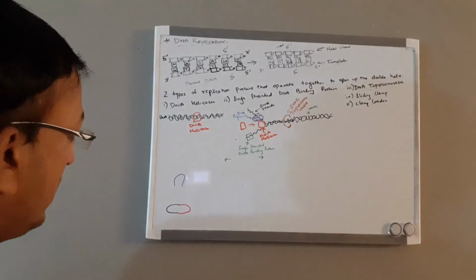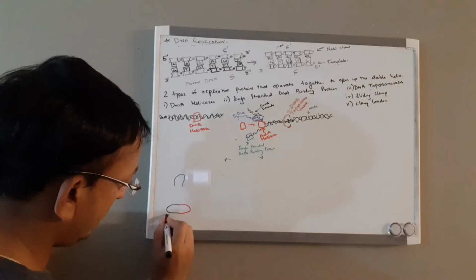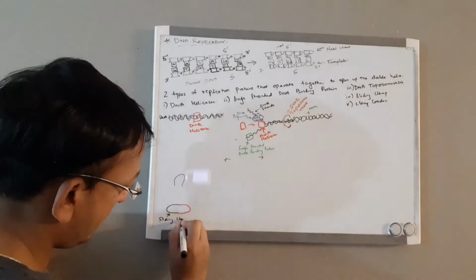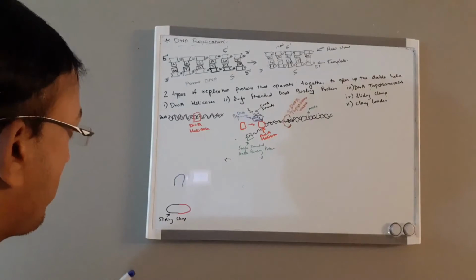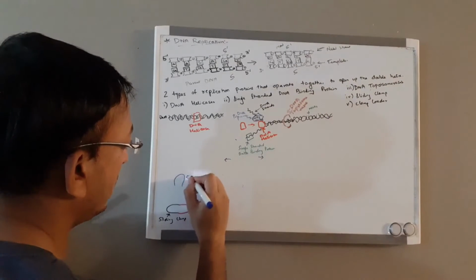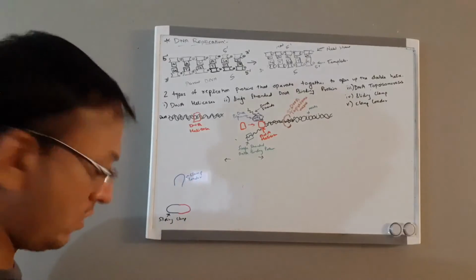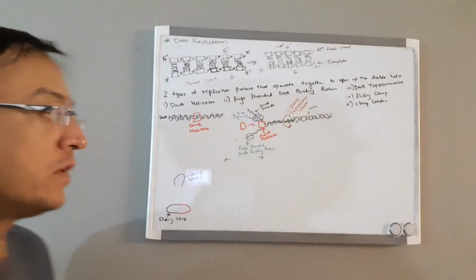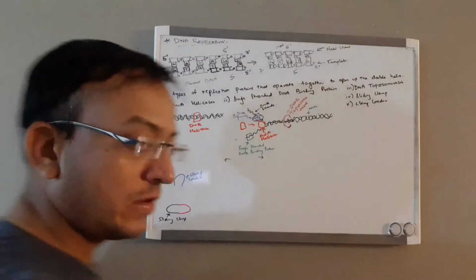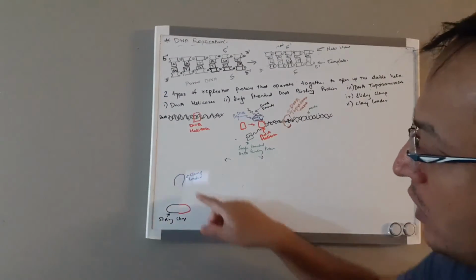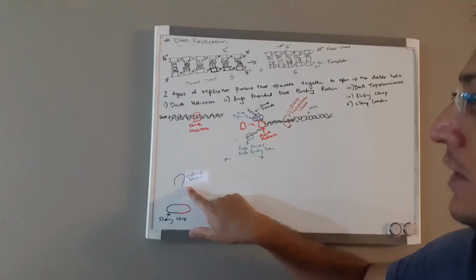This is our sliding clamp. This is our clamp loader. So the sliding clamp and the clamp loader.